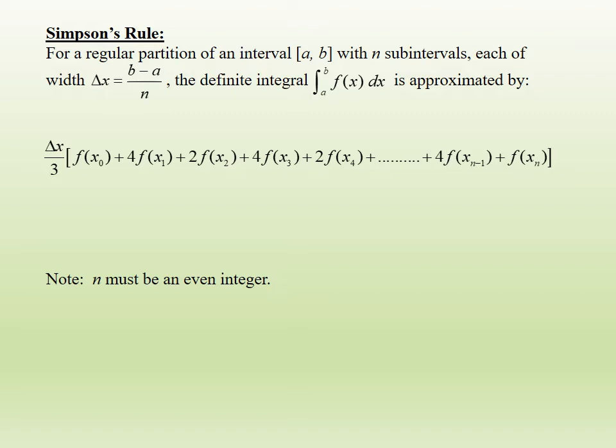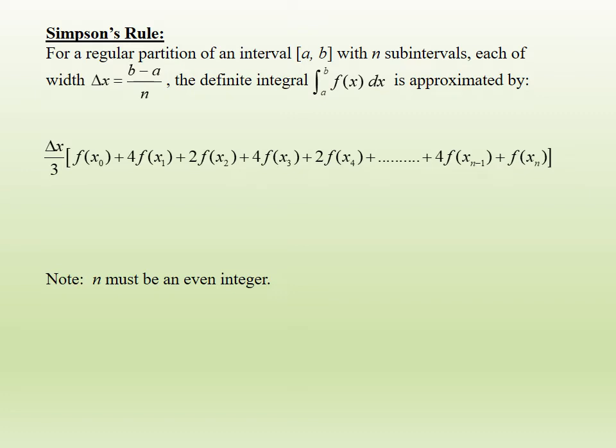Now let's move on to the second approximation method of this section. It is the Simpsons rule. This rule states that for a regular partition of an interval from a to b with n equal subintervals, each of which delta x equal to the difference b minus a divided by n, the definite integral of f of x from a to b is approximated by delta x divided by 3 times f of x0 plus 4 times f of x1 plus 2 times f of x2 plus 4 times f of x3, and it goes on, alternating 2 and 4 as the coefficients except the first and the last ones, and then you end up finally with f of xn and close your bracket.